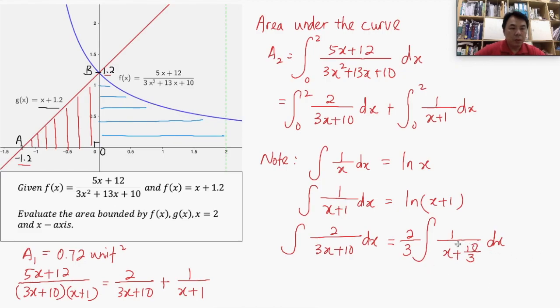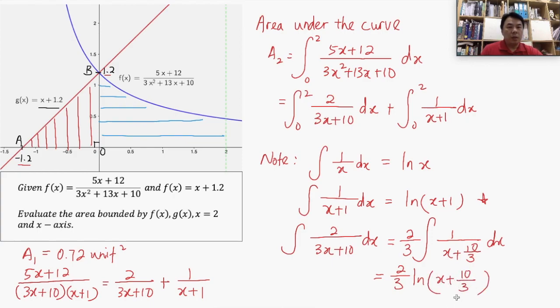From here it's easy to see that this format looks quite similar to this one here. From the past integration result, we can conclude that this is the same as ln x plus 10 over 3.